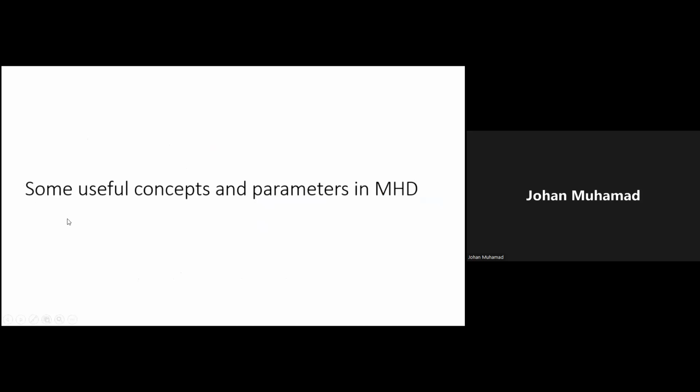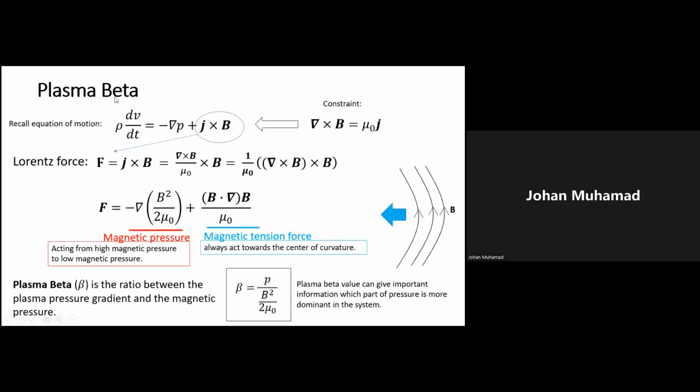Okay, then we must understand some useful concepts and parameters in MHD. The first one is the plasma beta. So we recall the equation of motion, rho dV/dt equals minus gradient P plus J cross B. And we have one constraint about the curl B equals mu J, right?